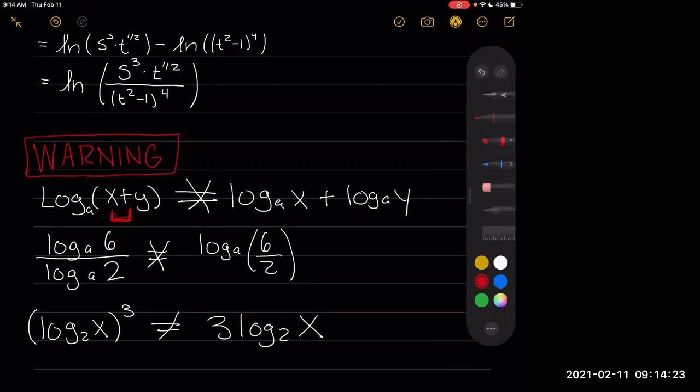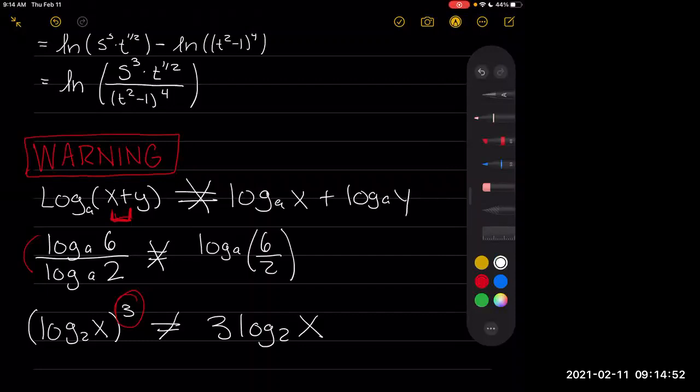When you're dividing outside of a log, you cannot divide it, because these are two functions divided by each other. And when it's raised to a power, but it's raising the whole function log 2 of x, the whole thing raised to a power, this does not let you bring it down. You can only bring an exponent to the outside if it's the inside x cubed.